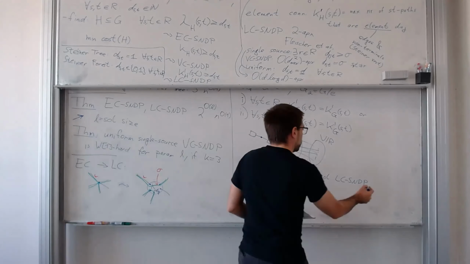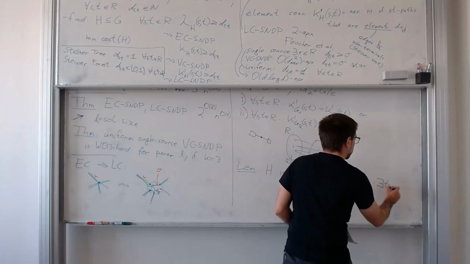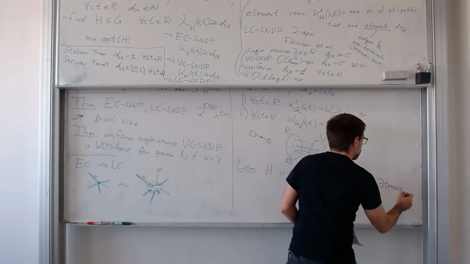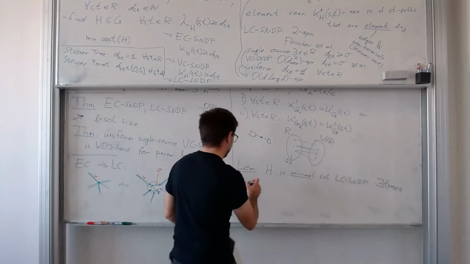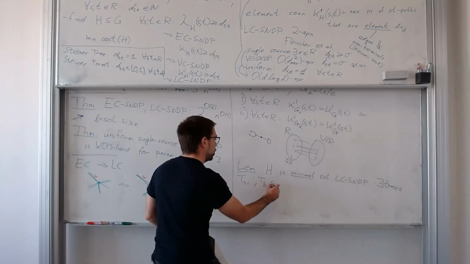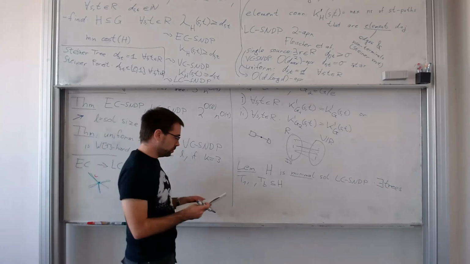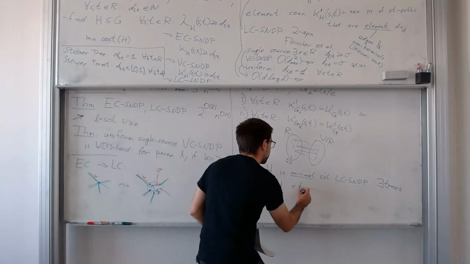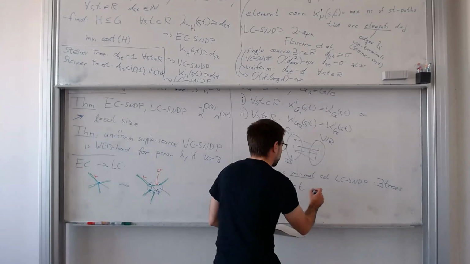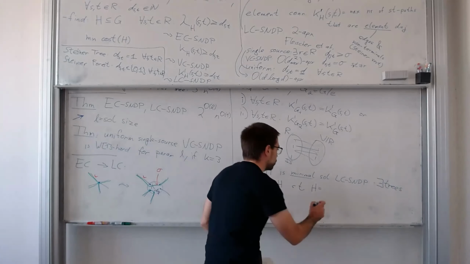Okay, so then there exist these trees, they're called T1 up to Tb. All of them are part of H. And the first thing is that if you take the union of all of these trees, you have the graph. So they cover the solution.